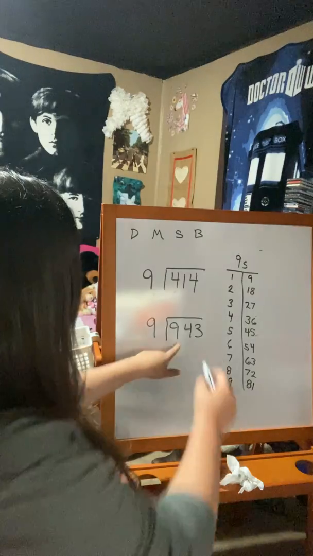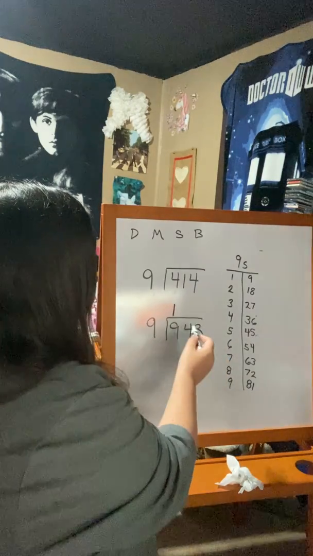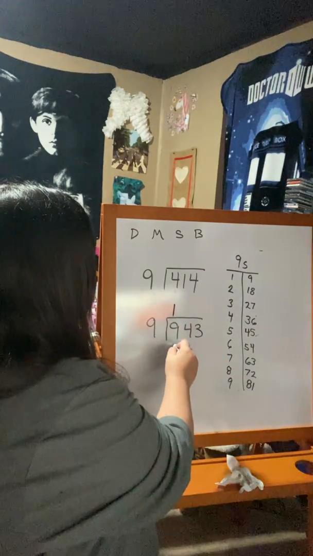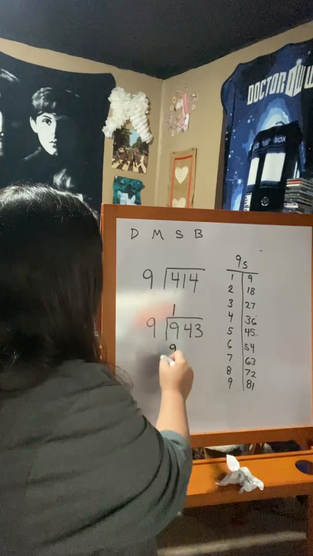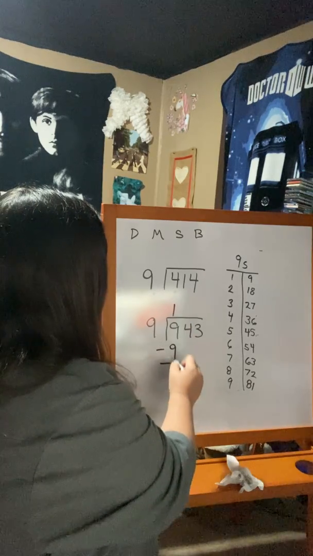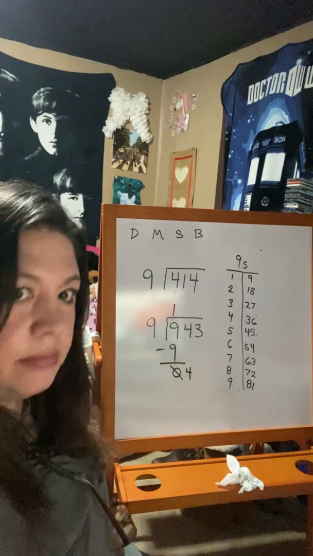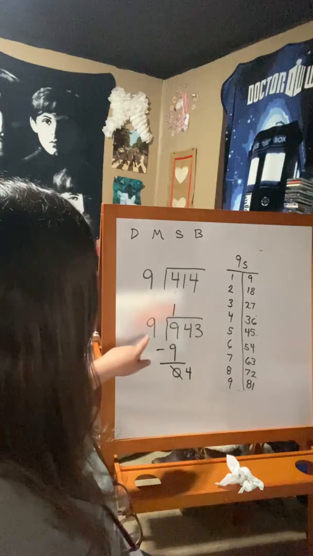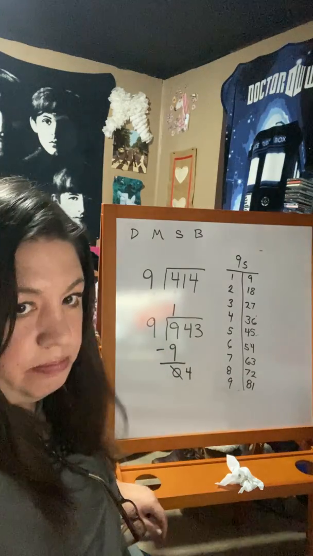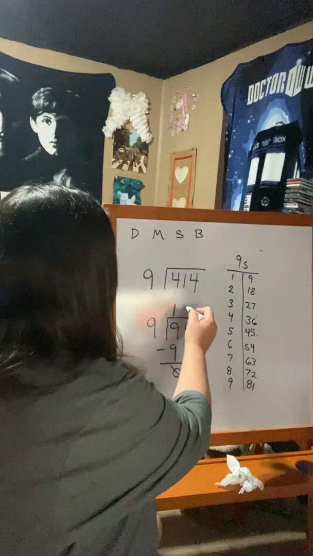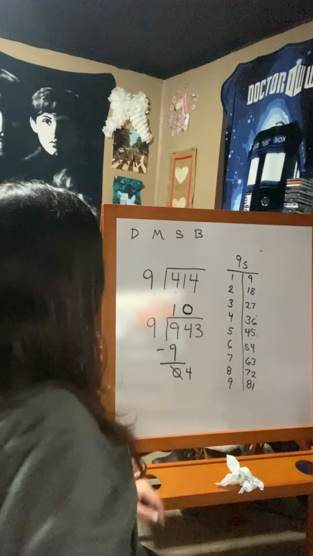Yeah. 9 goes into 9 once. And we would have multiplied. 1 times 9 is 9. We would have subtracted. We would have brought down the 4. Then we would say, does 9 go into 4? No. Too little. So we put a 0 right there.